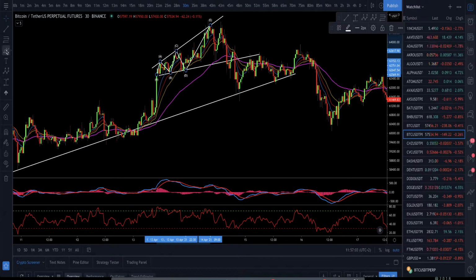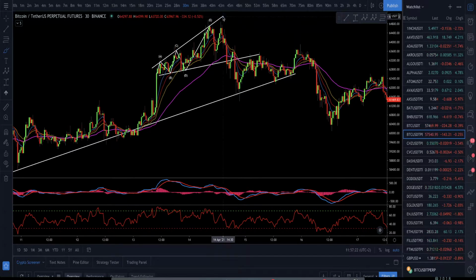And as I told you guys, in the wedge, this is the region where you have to look for a reversal, right? So in this case you can enter the trade here also and come down, but this is the main region where I have found out to enter a trade for a great reversals.